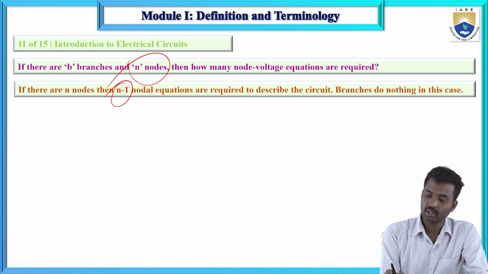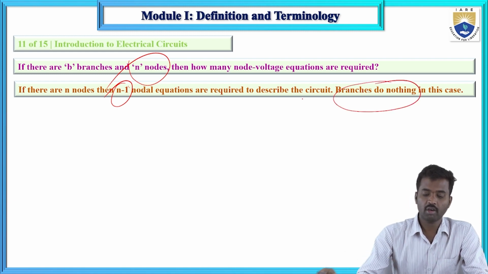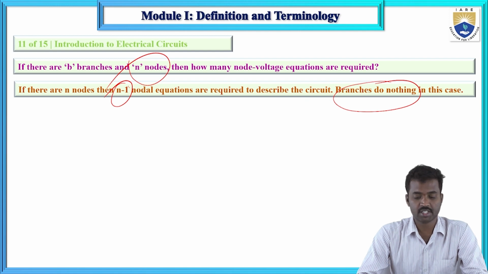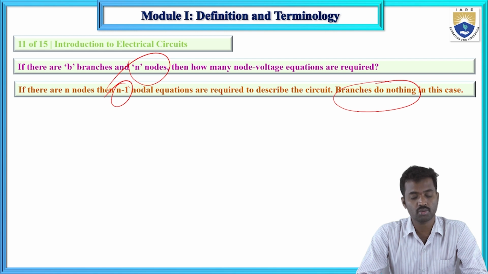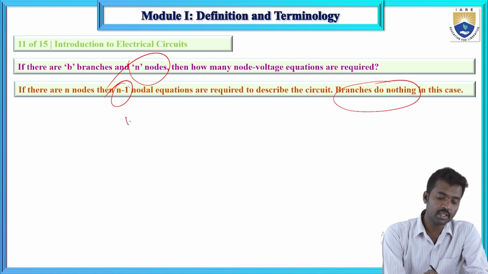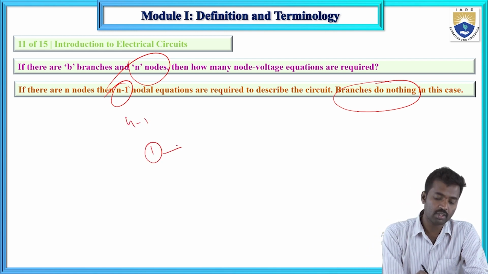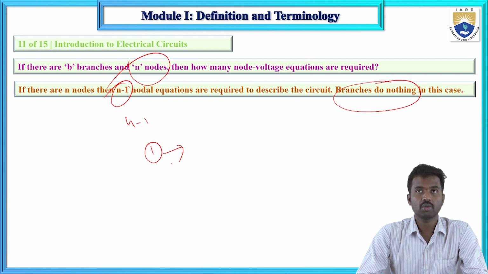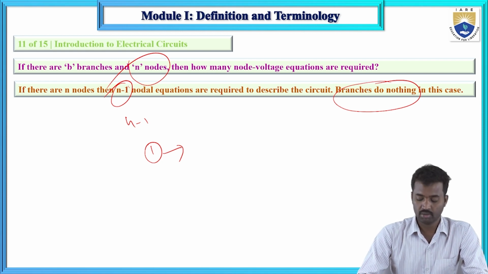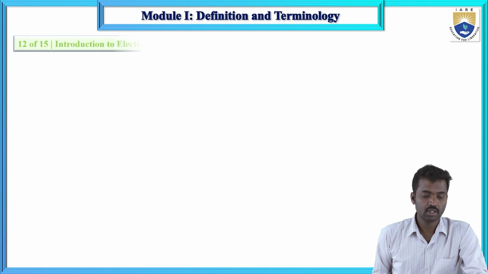Branches are nothing; it is independent of the number of branches. So node voltage equations depend on the nodes only. The other one in N minus 1 is the reference node, and the reference node voltage is 0 in nodal analysis.